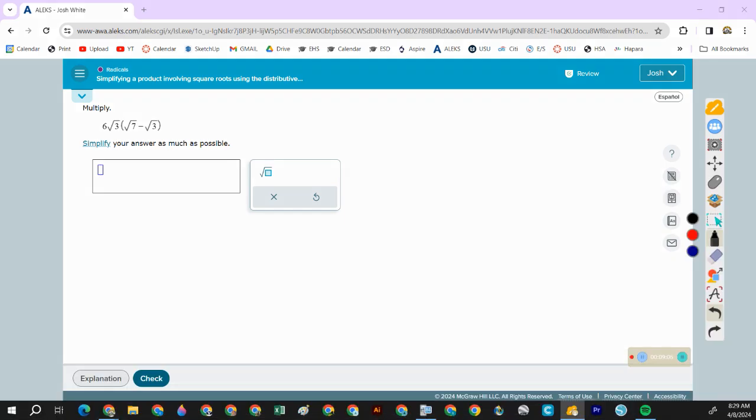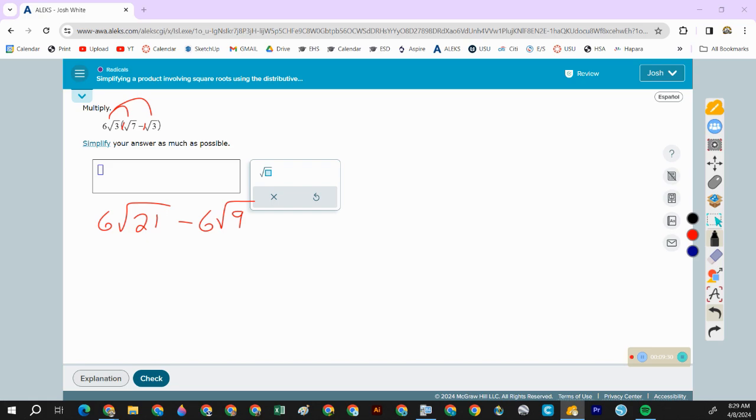All right. And we're going to pretend that there's a 1 there and a 1 there. So we multiply here. Outside times outside is 6. Inside times inside is 21. Minus outside times outside is 6. And inside times inside is 9.